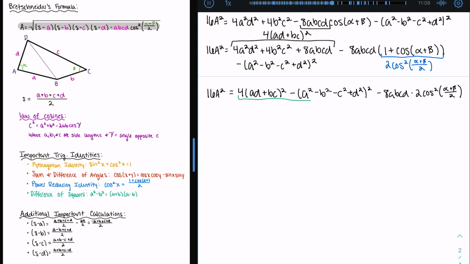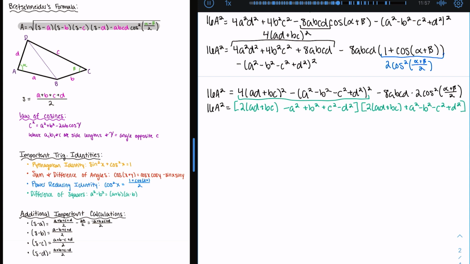Now, if you notice, this is a difference of squares, so we can take advantage of that formula, and we will get two times AD plus BC minus A squared plus B squared plus C squared minus D squared, all times 2 times AD plus BC plus A squared minus B squared minus C squared plus D squared.